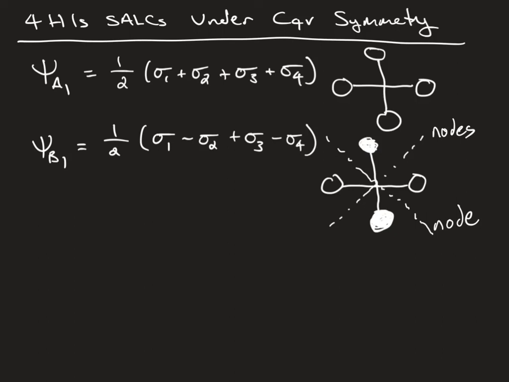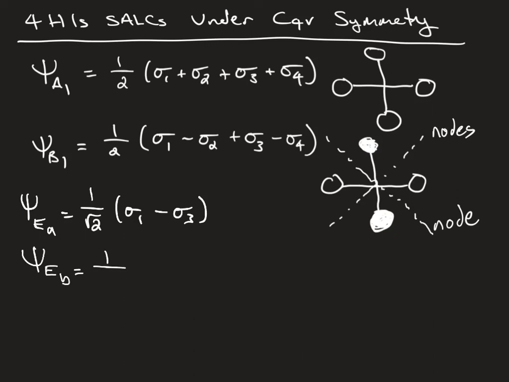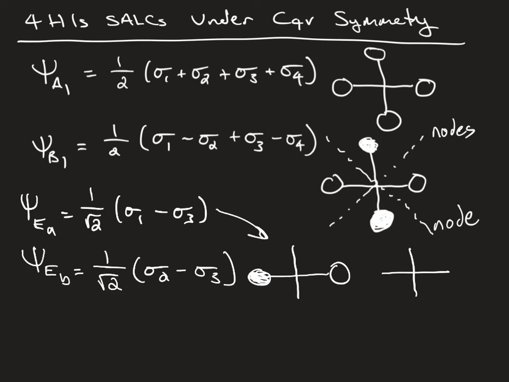We derive the two SALCs of E symmetry. And so these look like this. And that.